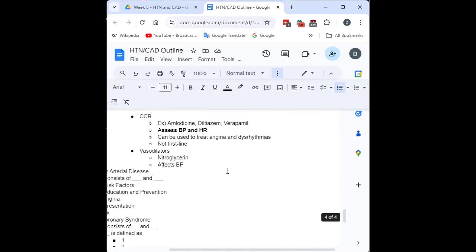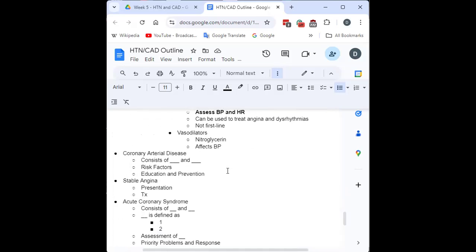Alright, whatever. Okay, so let's talk about CAD. CAD is kind of like an umbrella term. It consists of two things. What are those? Very close, Theron.